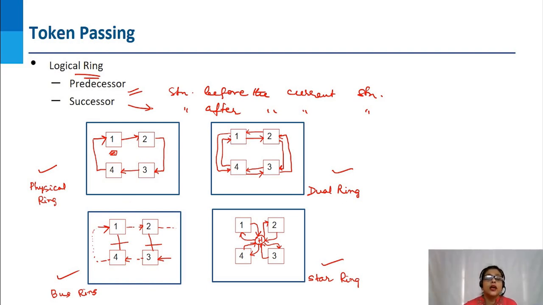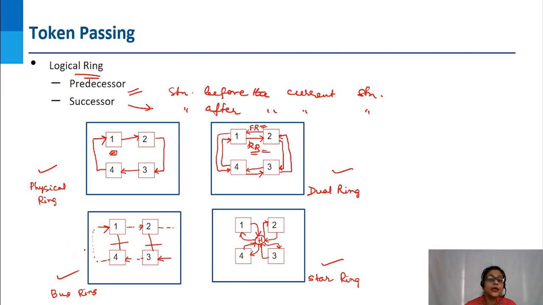In the dual ring, other than the normal forward ring, there is a reverse ring. This reverse ring is there to combat errors if there is some problem with the forward ring. So this acts as a standby ring to indicate that the token is passing through the stations accessing the channel.